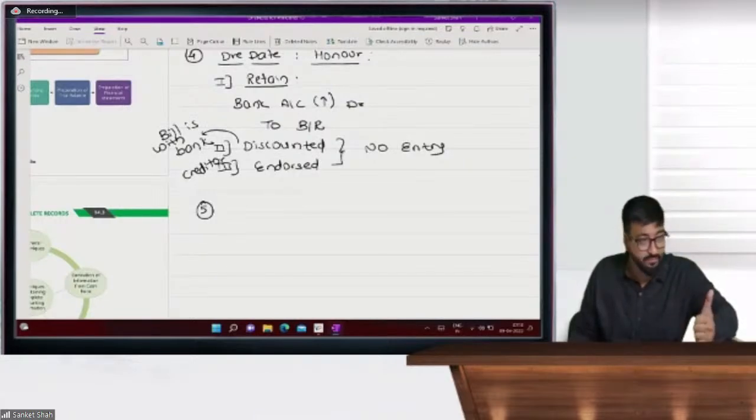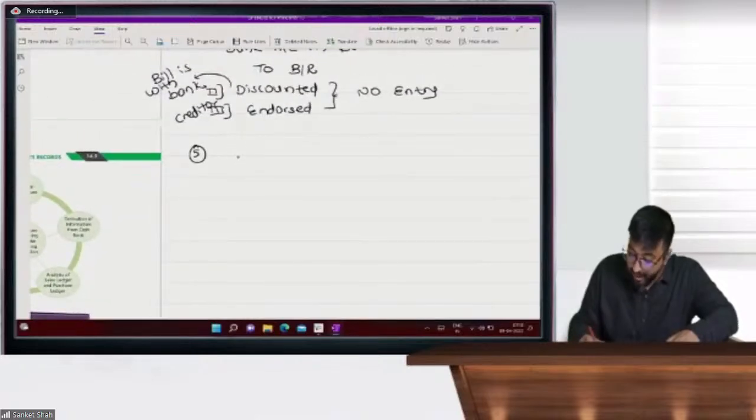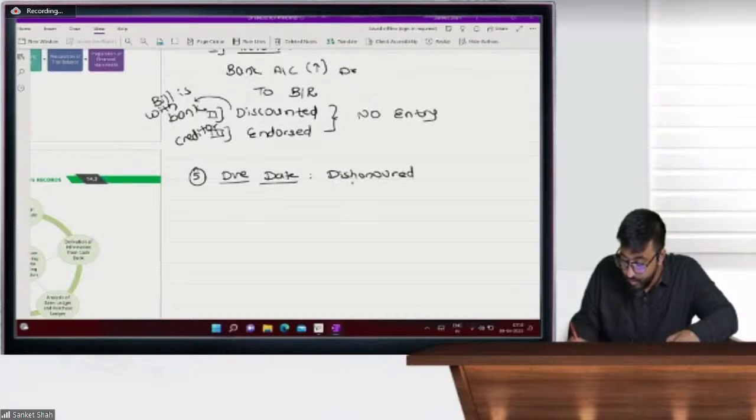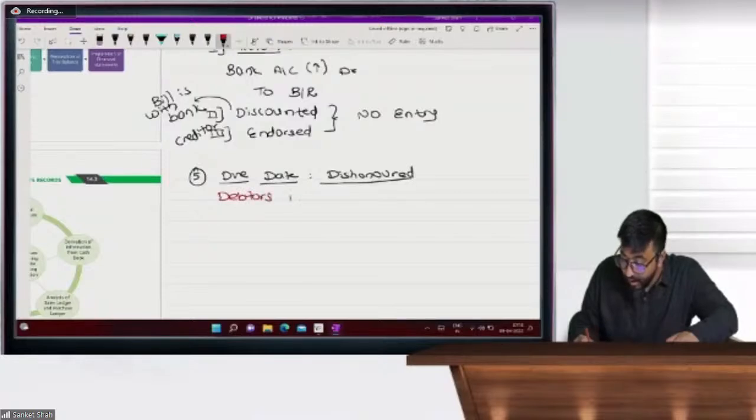One is retained, second is discounted, and third is endorse. And last one, beta, on the due date, suppose the bill is getting dishonored. Now, beta, here is one important rule. Whenever it is dishonored, remember your debtors account is debited. Why?